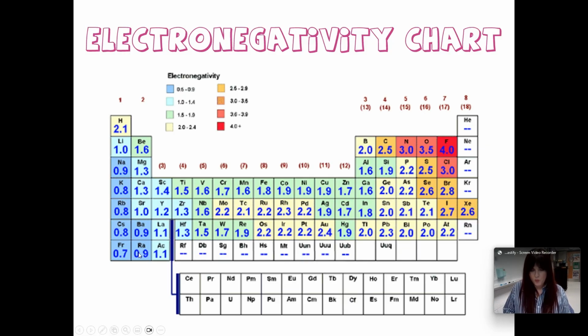So let's say I want to know what type of bond exists between oxygen and fluorine. Well, fluorine has an electronegativity of 4, and oxygen has an electronegativity of 3.5. So the higher number, 4, minus the lower number, 3.5, gives us a difference of 0.5.